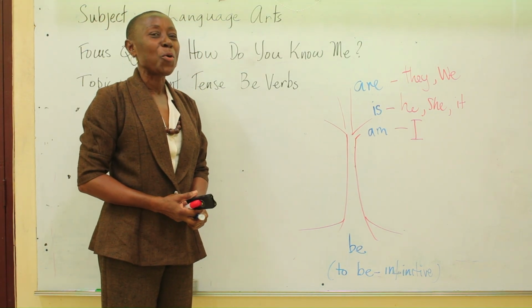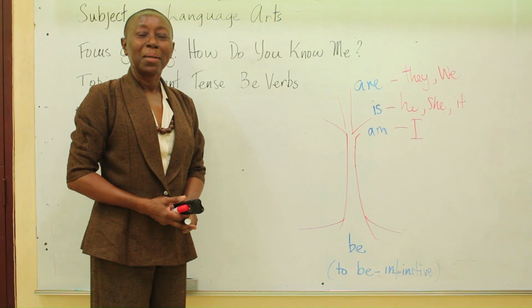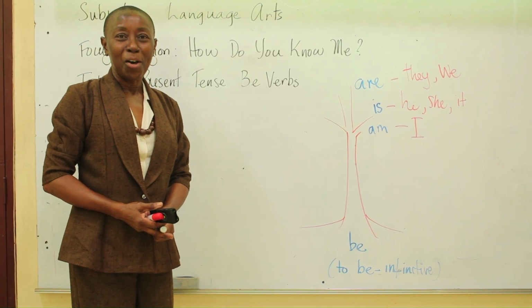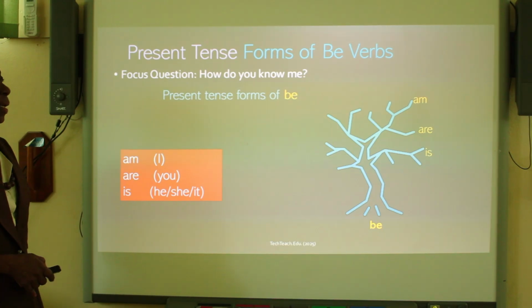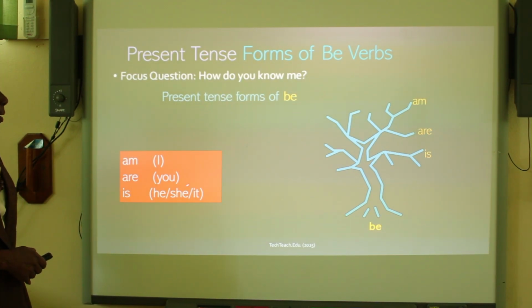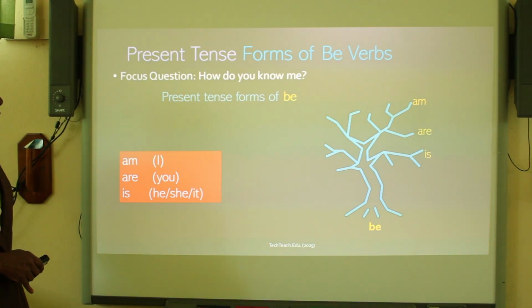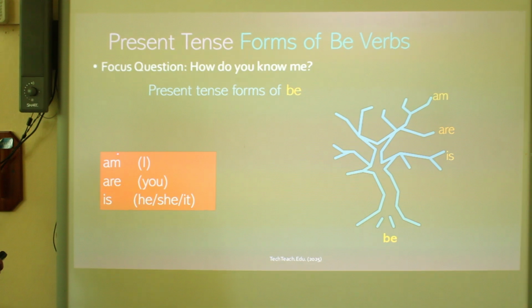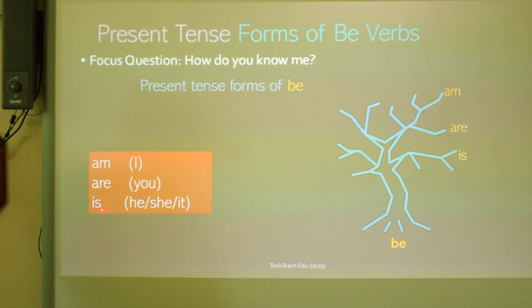Understood? So we will now go back to the presentation on the screen. So then we are back, and we said that these are personal pronouns that work with the present tense forms of the be verbs.